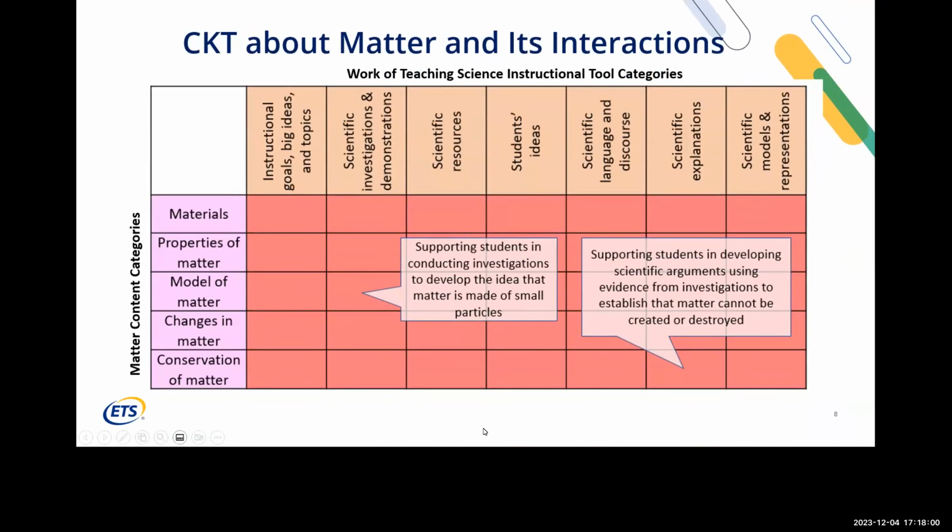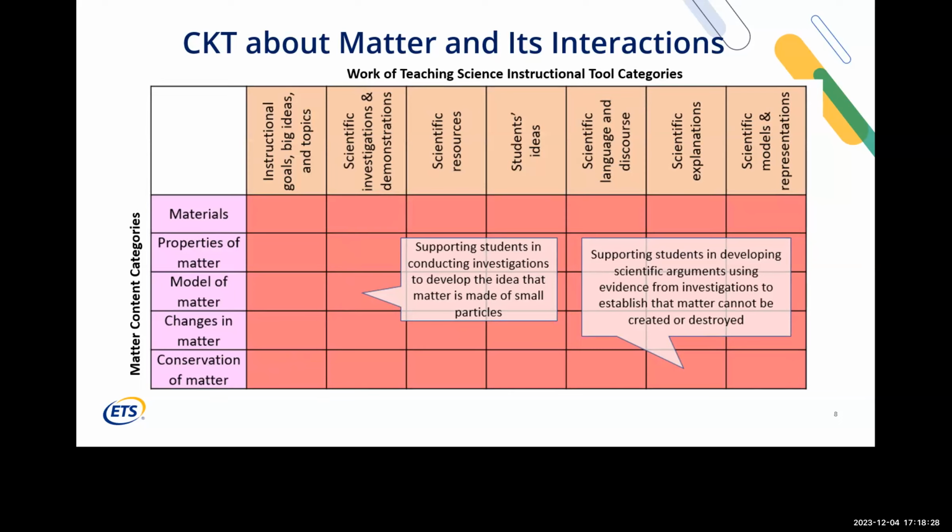In our work, we think about CKT about matter and its interactions as situated at the intersection of science content, which you can see as the matter content categories on the left, and the science teaching practices that make up the Work of Teaching Science framework, which you can see at the top in the columns. This chart shows those 2 components and the intersection of them.